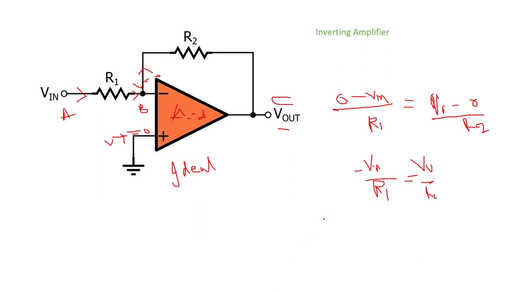Correct, right? So V naught by V in is equal to minus R2 by R1, which is the gain of the inverting amplifier.